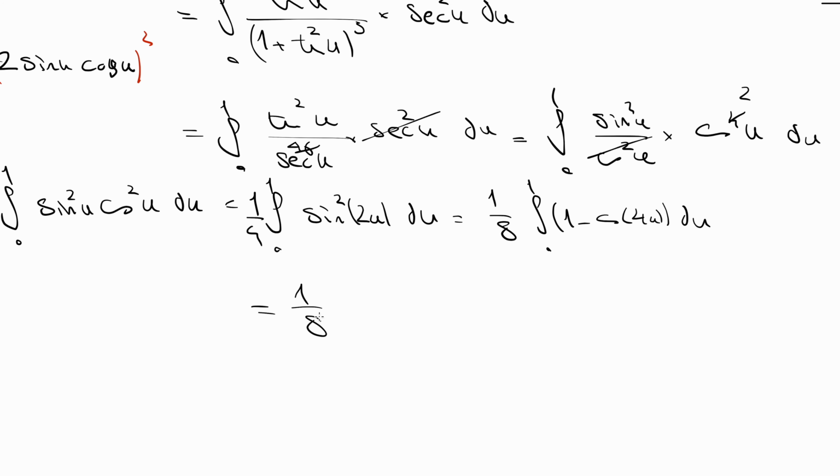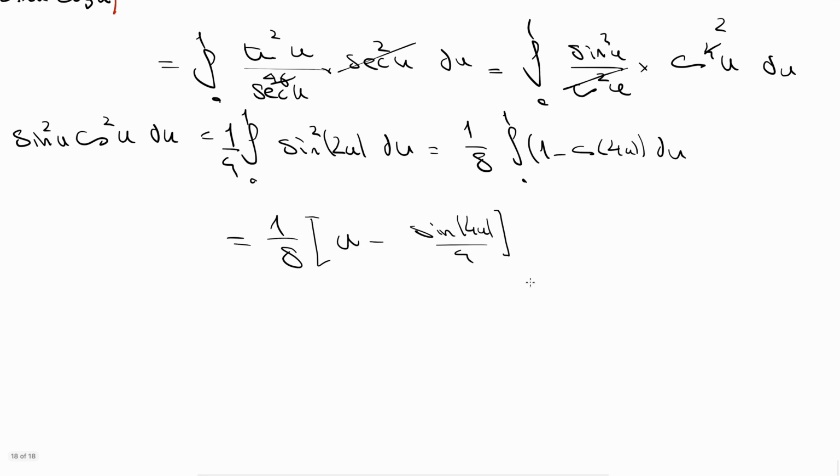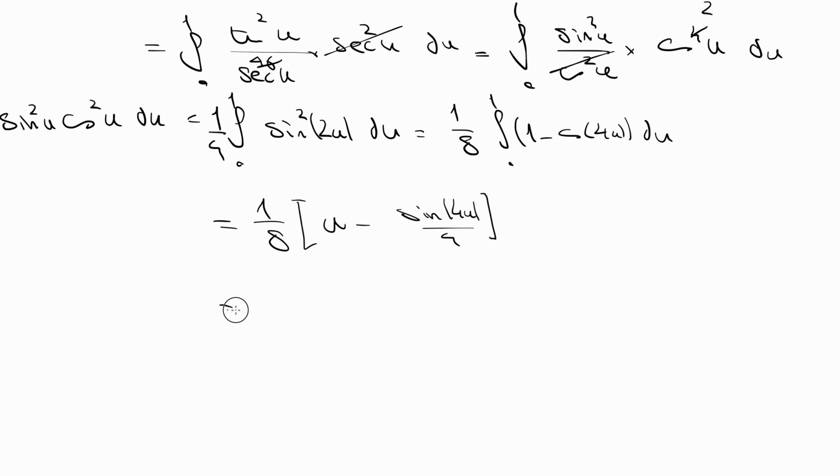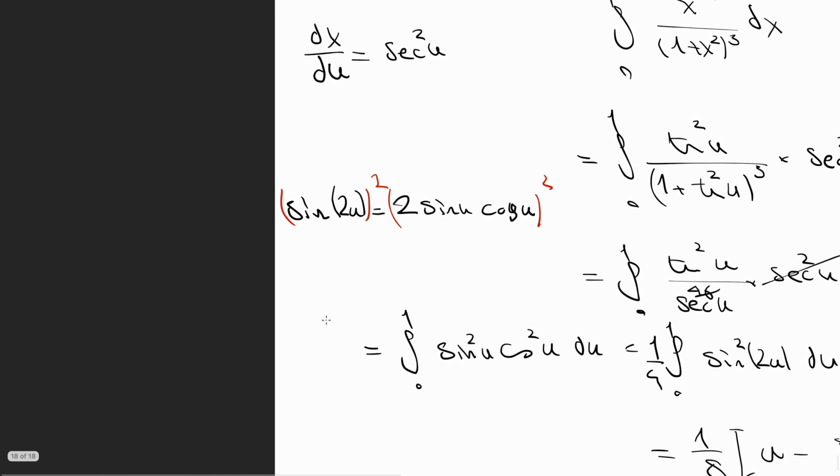So 1 over 8. Now if you integrate it, it's going to be u minus sine of 4u divided by 4, right? And these are the boundaries for x. So I'm going to substitute in u, I'm sorry.